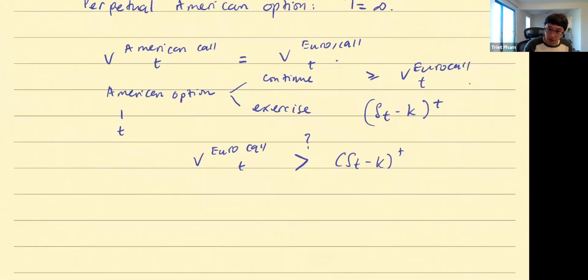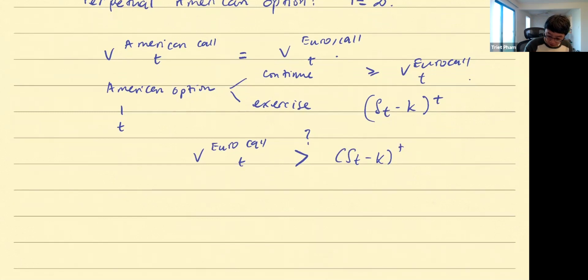So recall this good tool of put-call parity. I would just abbreviate by VE, VE call minus VE put.